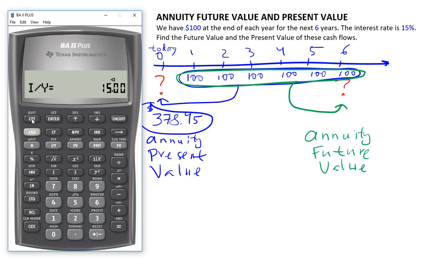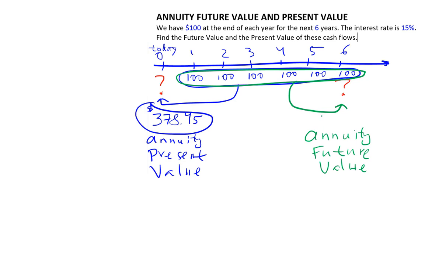And what I want to compute now is the future value. I press compute FV. And I get $875.37. This is my annuity future value at the end of year 6.